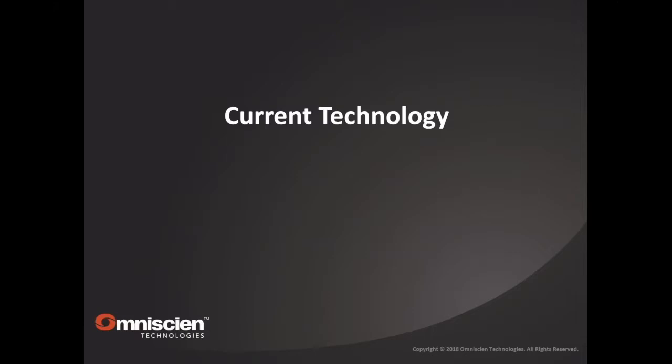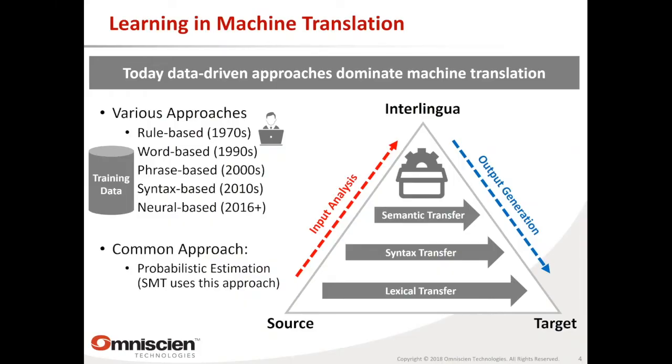So let's start with current technology. So learning and machine translation. In the past, in the 70s, things were based around rule-based technology. Today, since the 90s onwards, most of the leading technologies for machine translation have been data-driven. And this has really dominated all the way from word-based, phrase-based, syntax, and today's leading technology is neural-based.